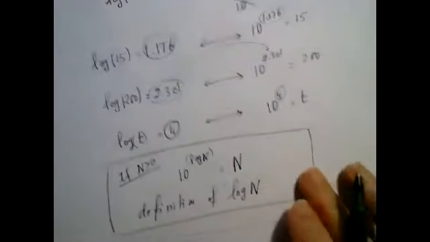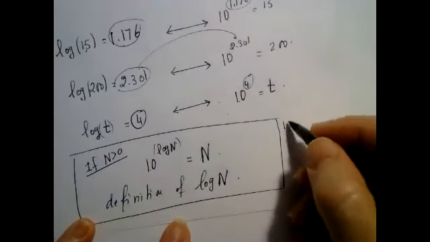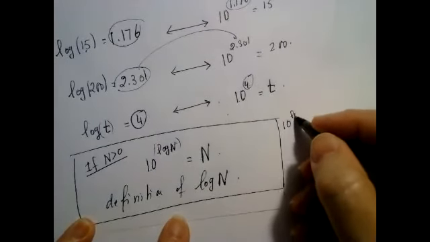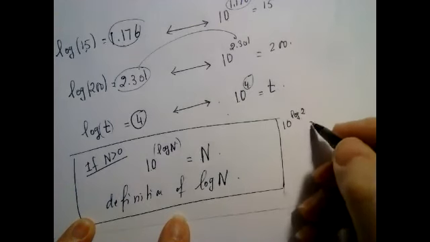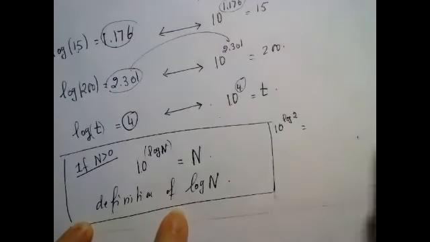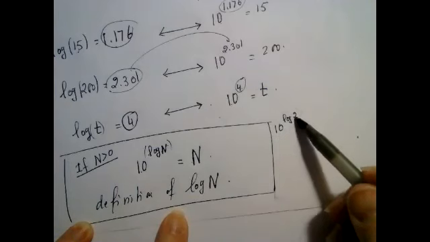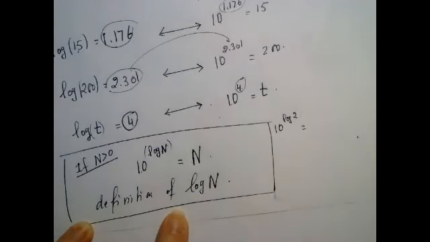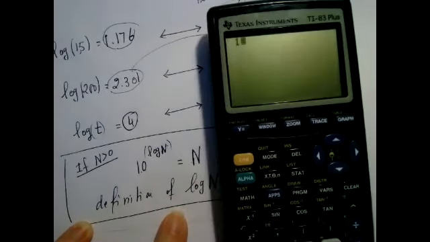So what do we mean by that? Suppose I take 10 to the power of the log of 2. Log 2 by definition is the power of 10 that gives me 2. In other words, if you take your calculator and you take 10 and raise it to the power log of 2, you get 2 back.